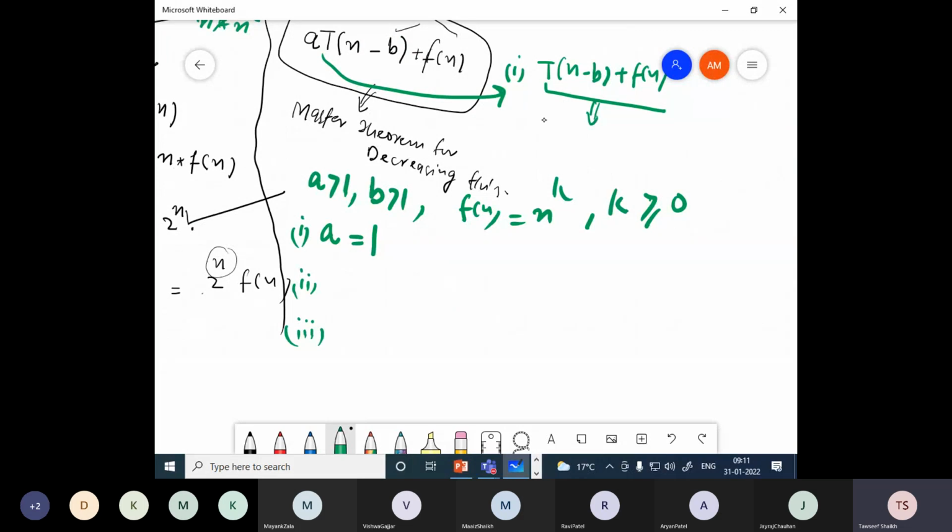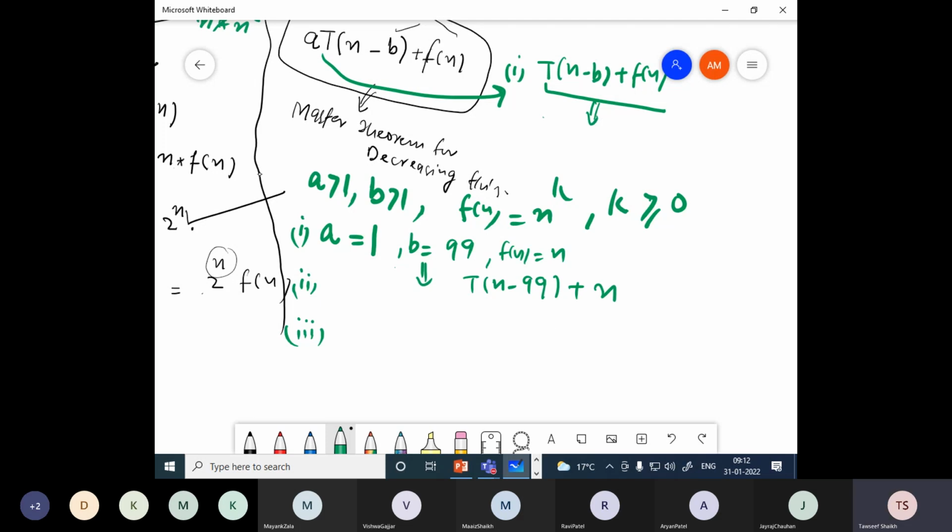Already a is equal to 1. Now if we substitute b is equal to, for example, 99, and f of n is equal to n, what we will get is T of n minus 99 plus n.